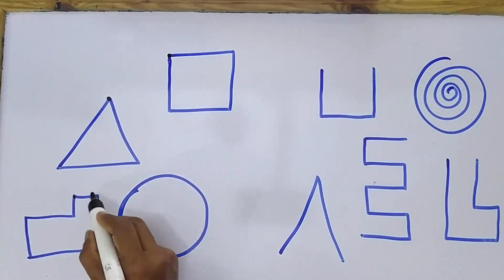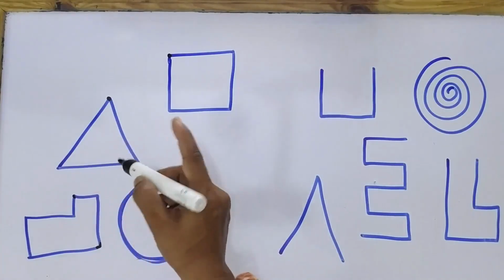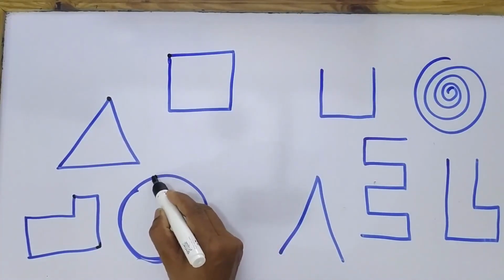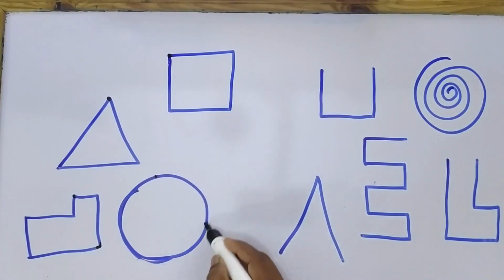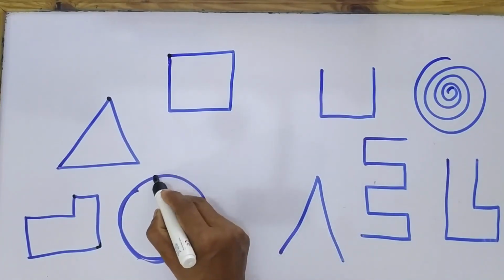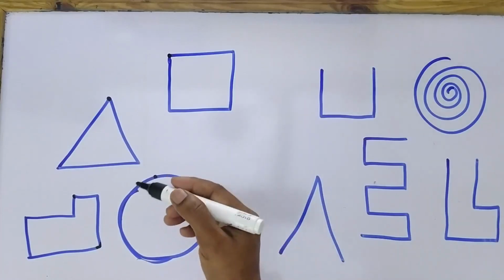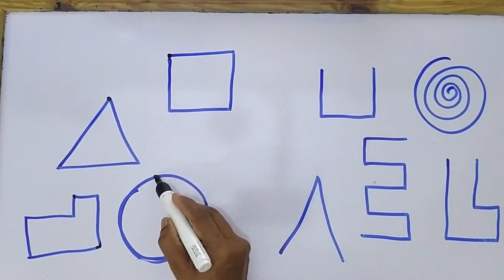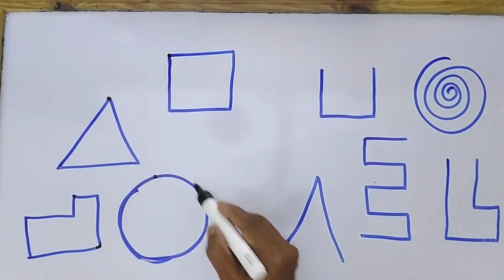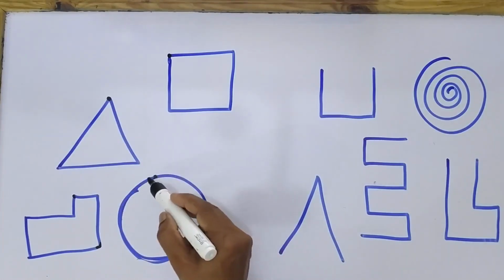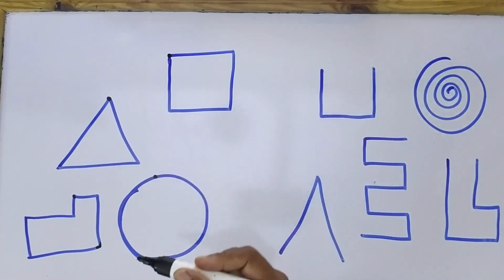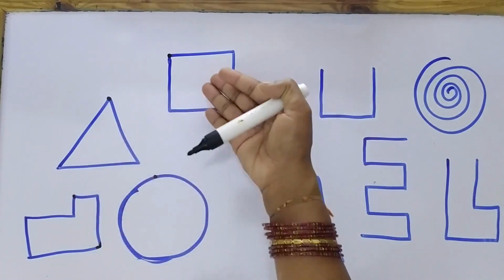After drawing, starting and ending point are the same. While drawing a circle, if you start from here, after drawing, we'll come back to the same point. So the figures which have the same starting and end point, such figures are called closed figures.